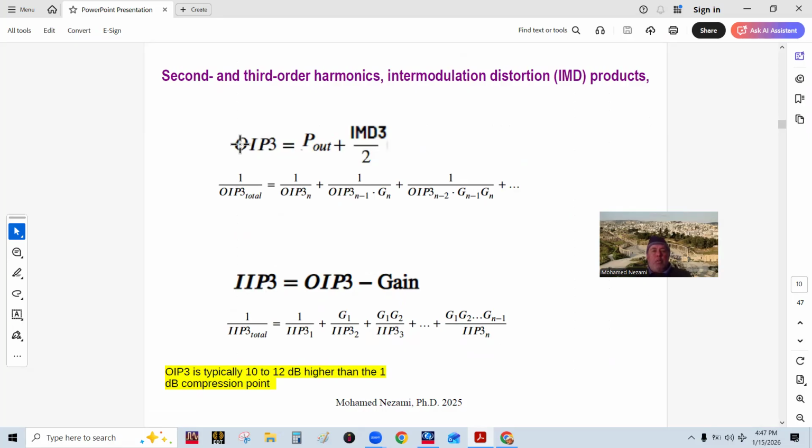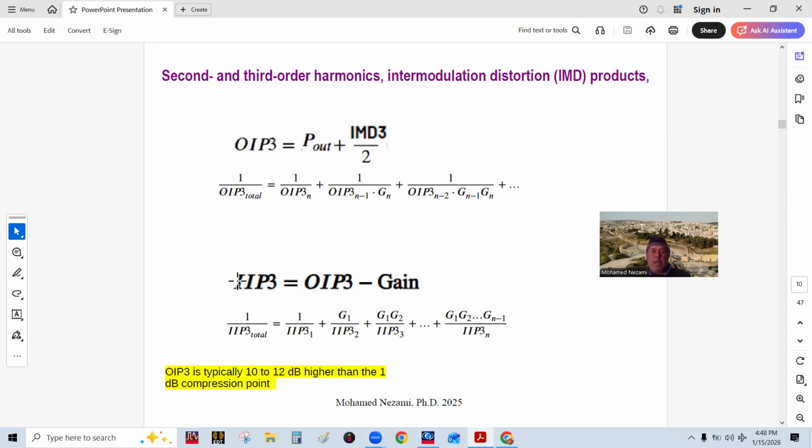Of course, now this is talking about the output third order intercept point, but what about the input intercept point? We have to go back behind the device, find out what was the intercept point on the input. Well, all you need to do is just subtract the gain because really it compresses by that much.